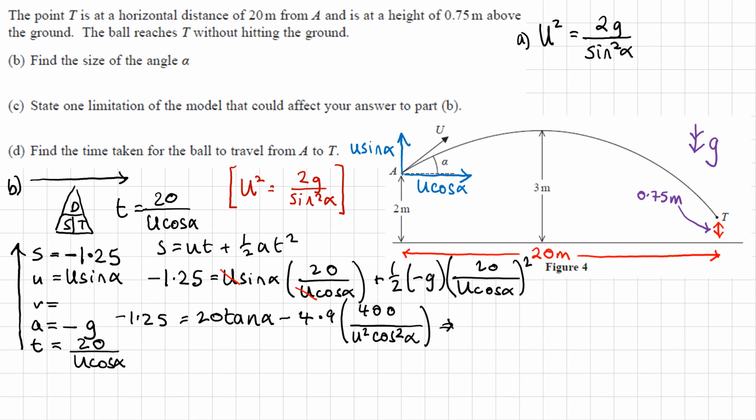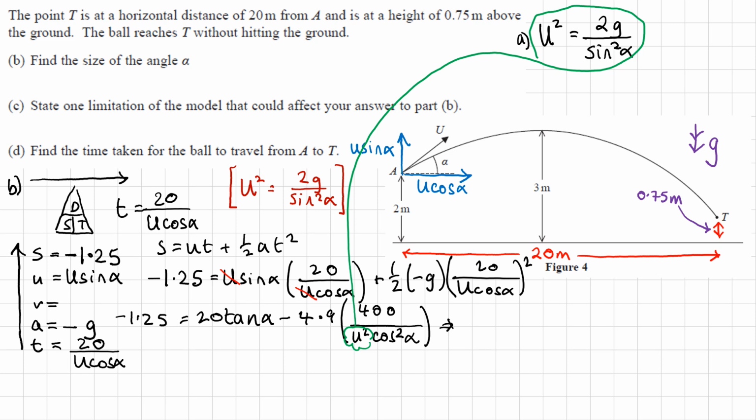Now I'm going to bring everything to one side because it looks like I might be getting a quadratic. And at the same time, I've got U squared. Now, what did we work out in part A? That U squared is 2G over sine squared alpha. So I'm going to substitute the U squared here for this 2G over sine squared alpha.